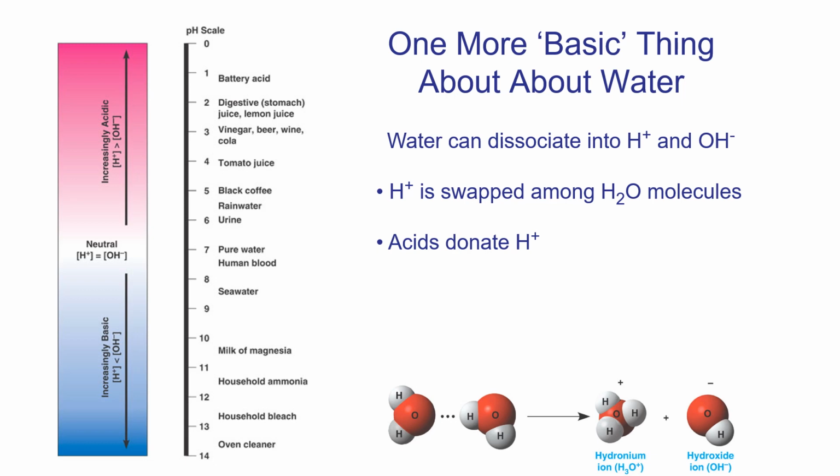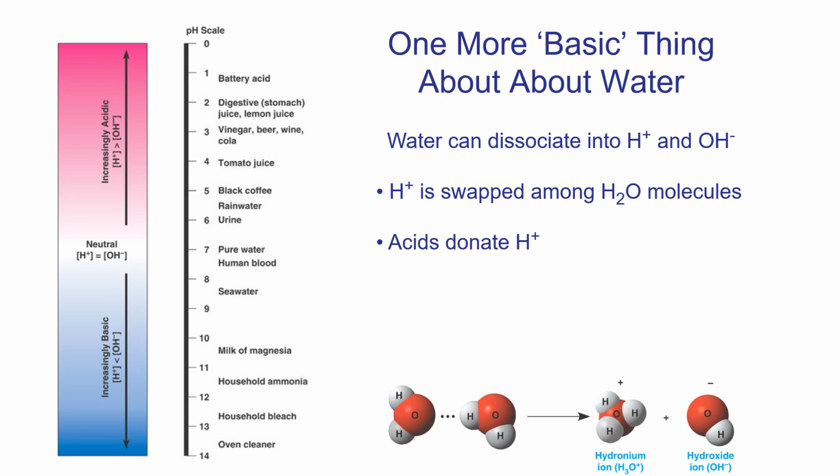If we have a solution that's acidic, that means we have more hydrogens than we should. So we would expect 2 parts hydrogen and 1 part oxygen in pure water. So if we had a cup of pure water and we had 2 parts hydrogen and 1 part oxygen, then that would be neutral. But if we have too many hydrogen protons and they're bouncing around from water molecule to water molecule, that would be an acidic situation. An acid is something that when you add it to water, it releases hydrogen protons.